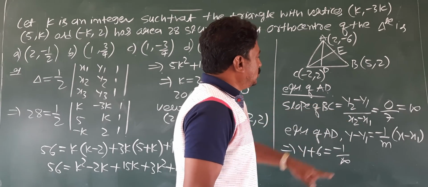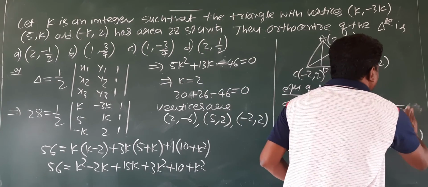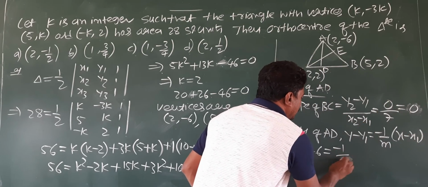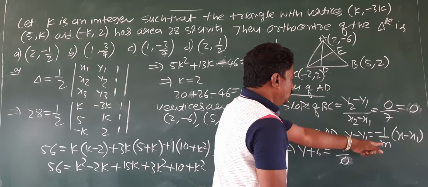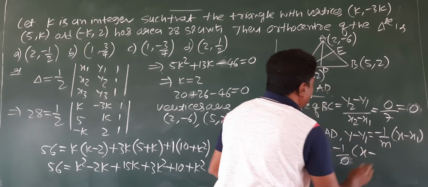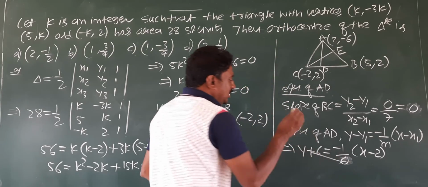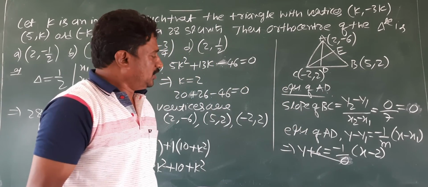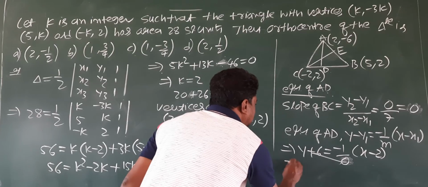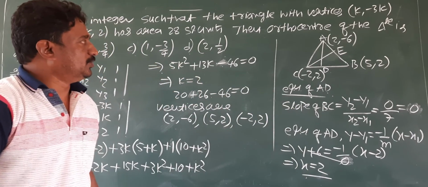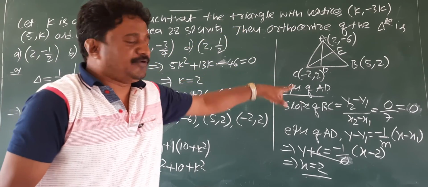Since m is 0, the slope is infinite, so the line is vertical. Minus 1 by m into x minus x1, x1 is 2. This implies x is equal to 2. So we found the equation of AD.